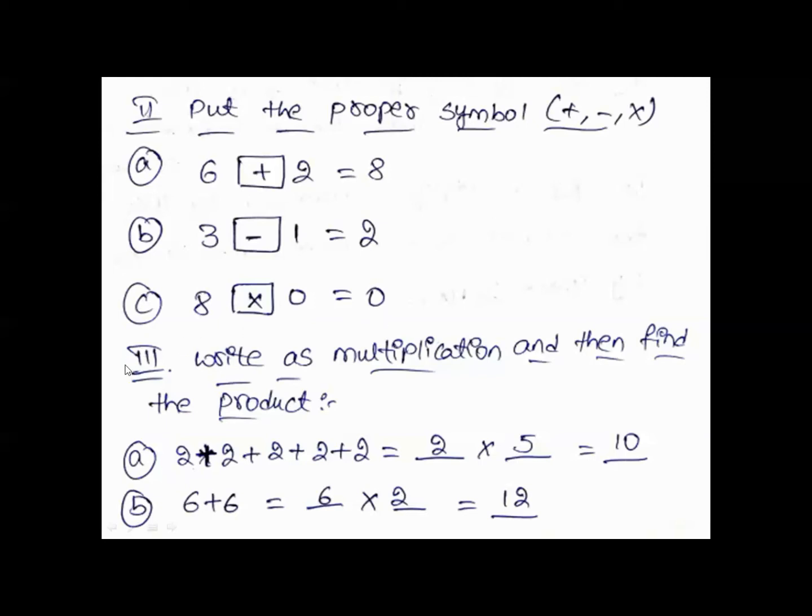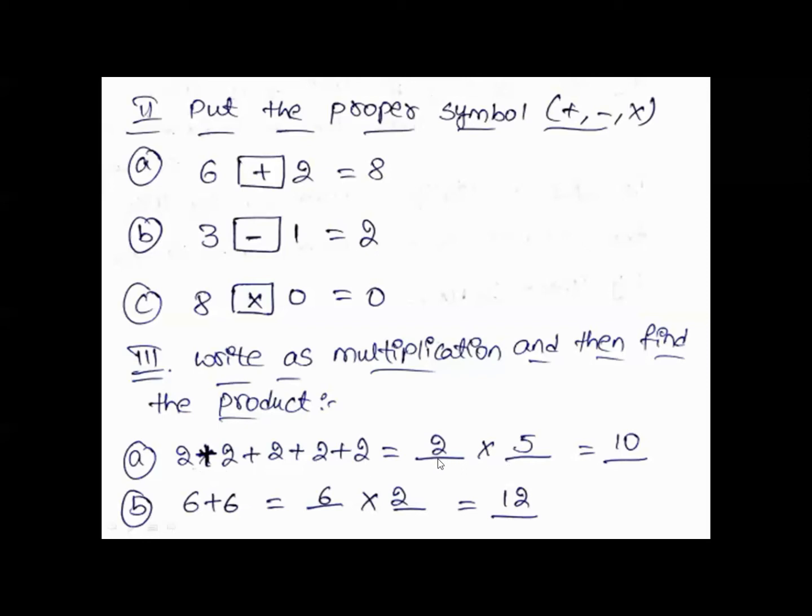Write as multiplication and then find the product. Let us see. A1. 2 plus 2 plus 2 plus 2 plus 2. How many 2s are there? 1, 2, 3, 4, 5. 2 number is there.